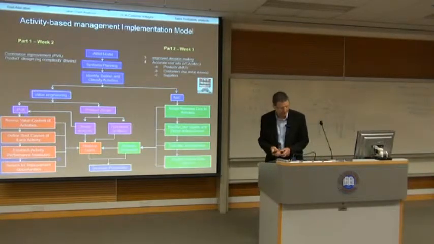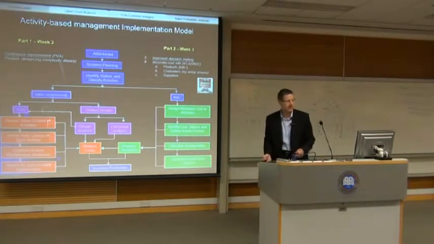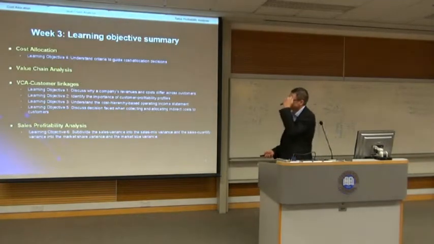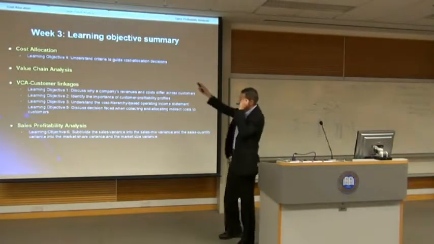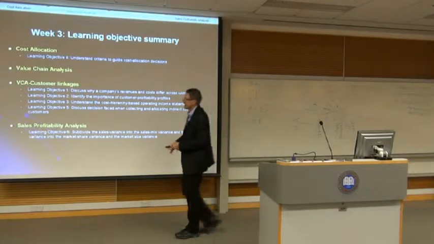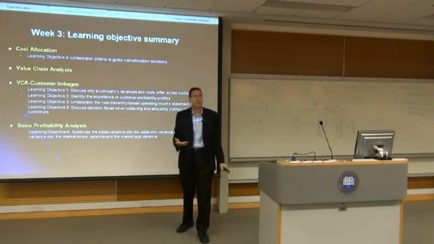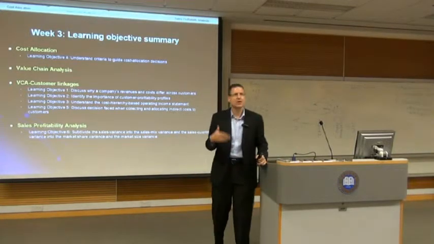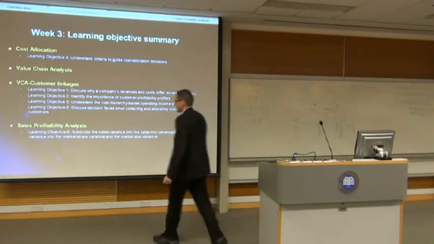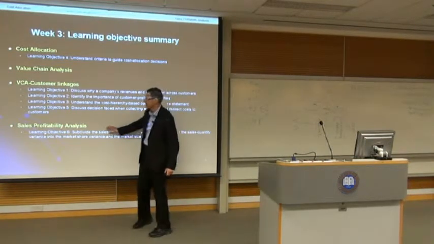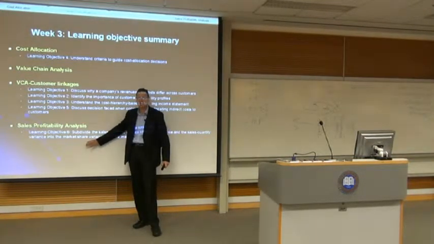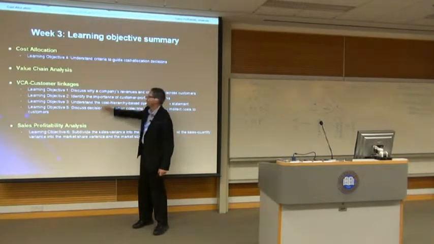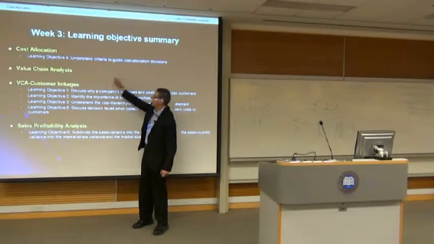So here's what we want to do. There are the learning objectives that we're going to cover, in terms of administration of the exam. We're not going to have time to cover sales profitability analysis. Today we'll get up to learning objective 3 and 4.